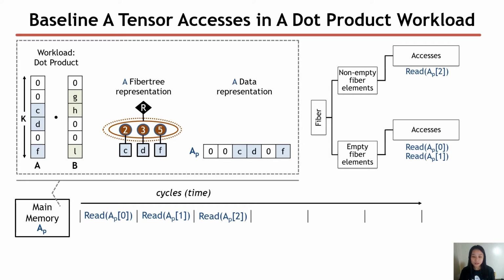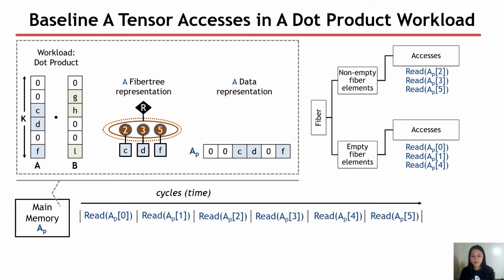And because the C value is non-zero, we are performing an access to a non-empty fiber element which is present in our A fiber tree representation as the first coordinate in the fiber. So we record the read of A payload third position as an access to the non-empty fiber element.